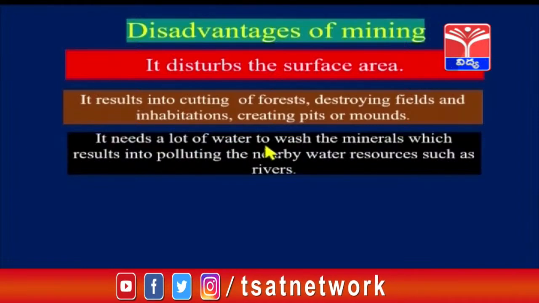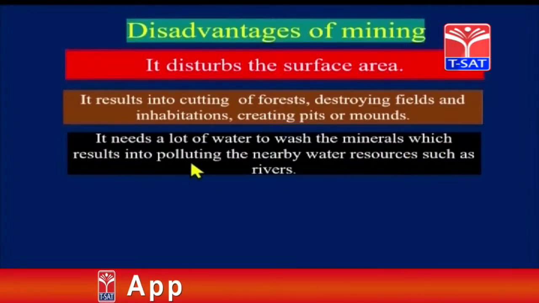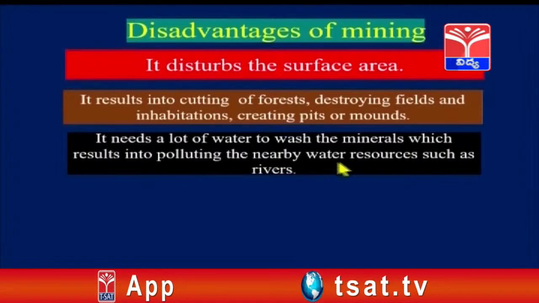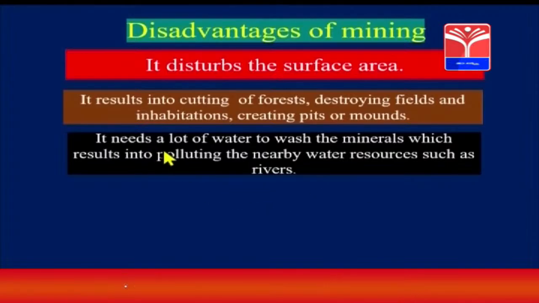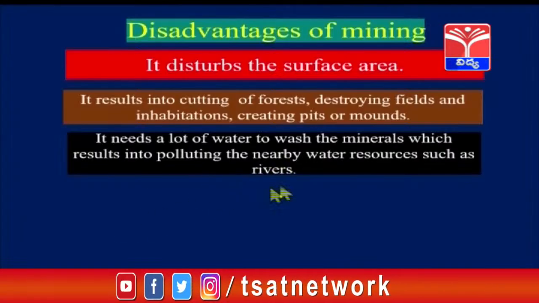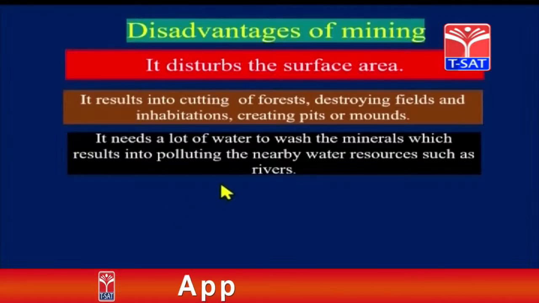It needs a lot of water to wash the minerals, which results in polluting nearby water resources such as rivers. If any river is going from that place, and they are washing those minerals in that water, it leads to the pollution of that river.